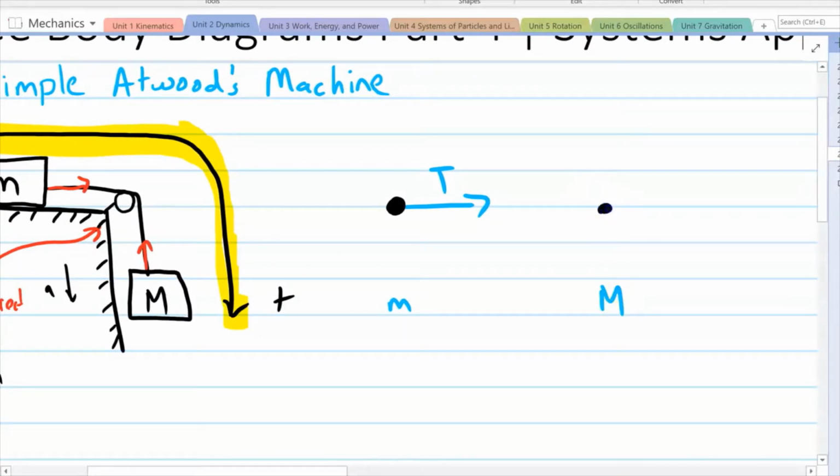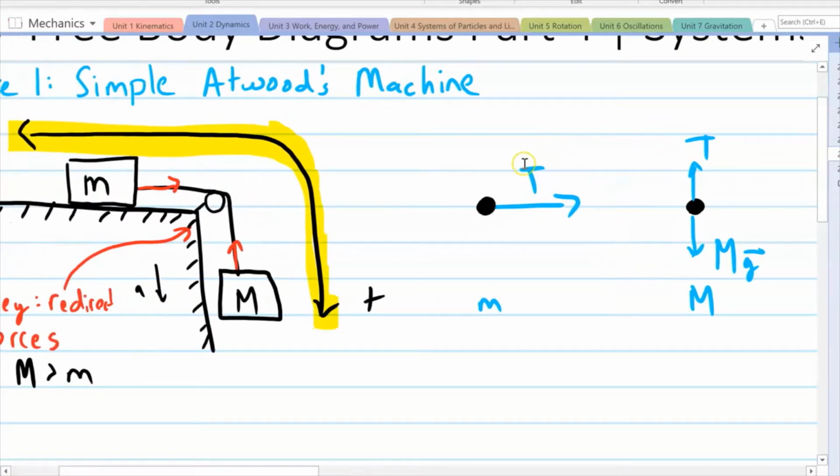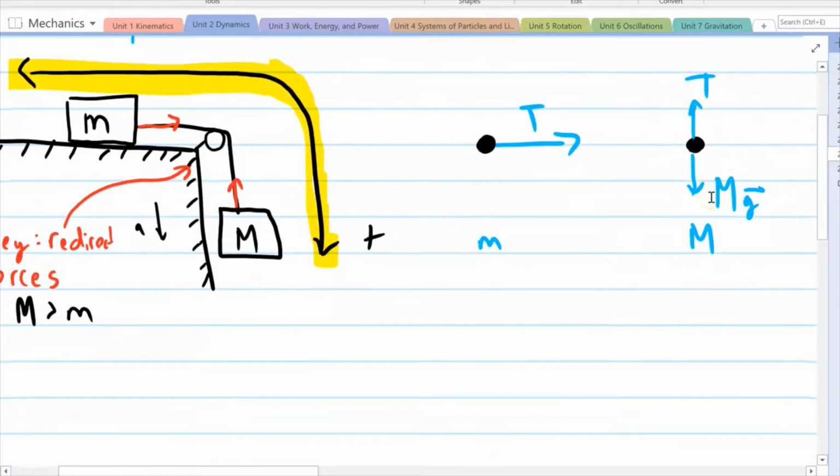We want to draw the free body diagram of what's happening along this line, and we actually have two forces: the Mg, which I'm going to write as capital Mg because we're talking about the big mass, and then we have a tension force, right? One thing to always remember is that if you have tension between two objects, these tensions will be the same. So I'm going to show it with the same letter, T.